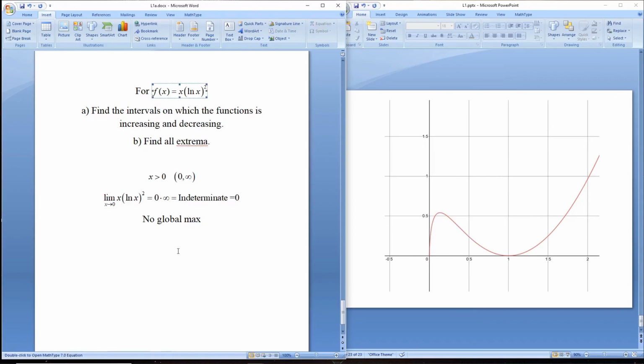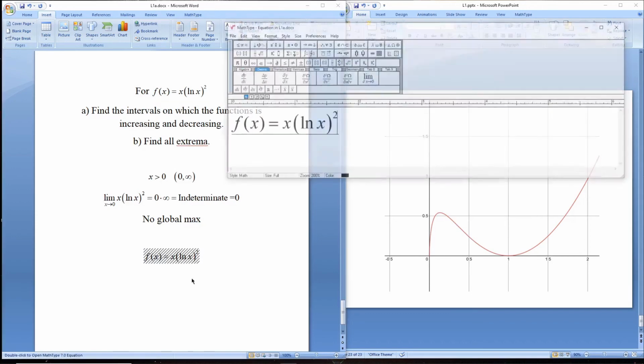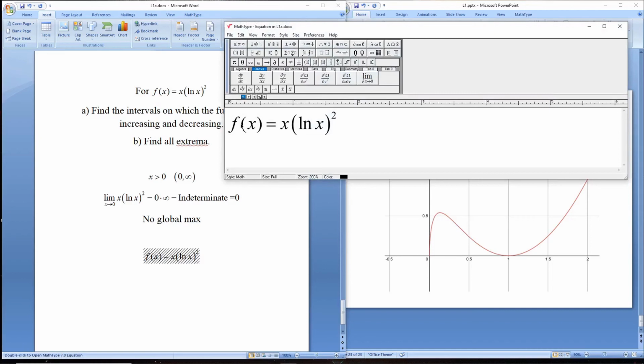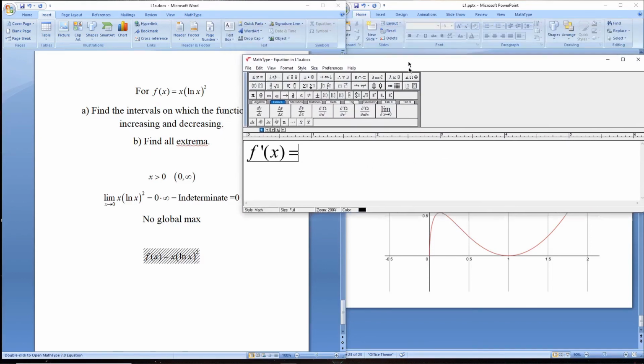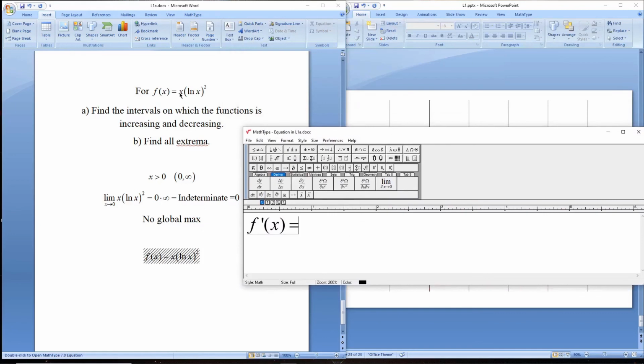So let's look at the derivative. See what the derivative can tell us. So we're going to have to do a product chain here. So we're on x, and then times the derivative of that. So that would be 2 log x, and then the chain rule will pop out 1 over x there.